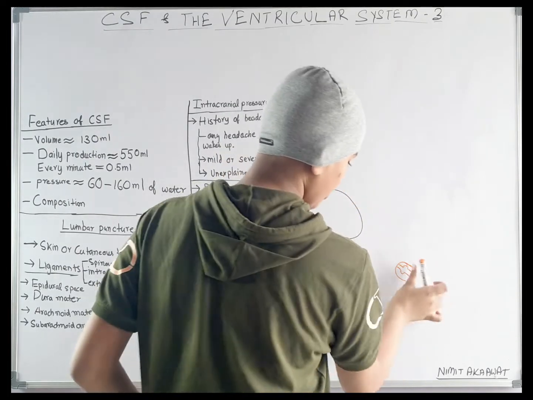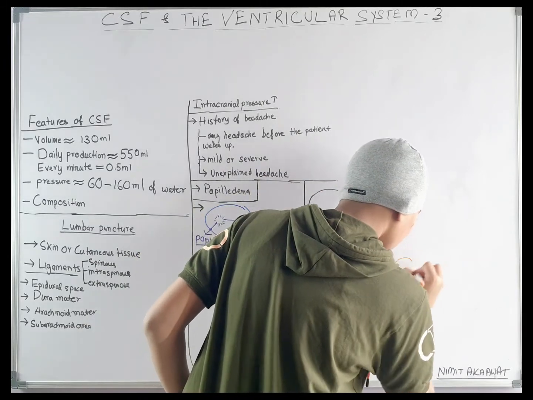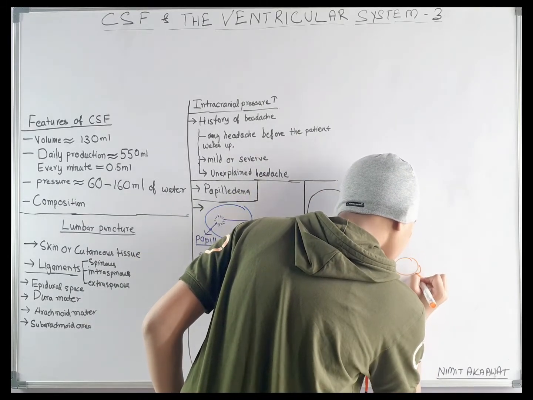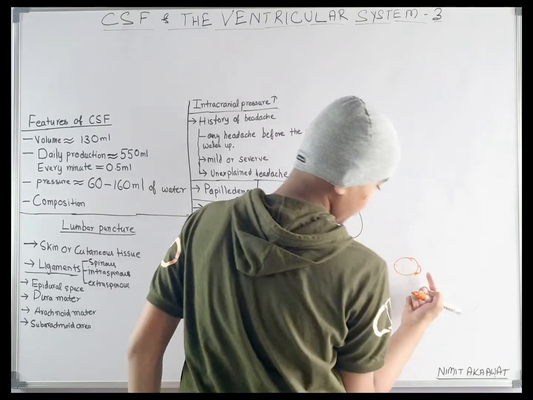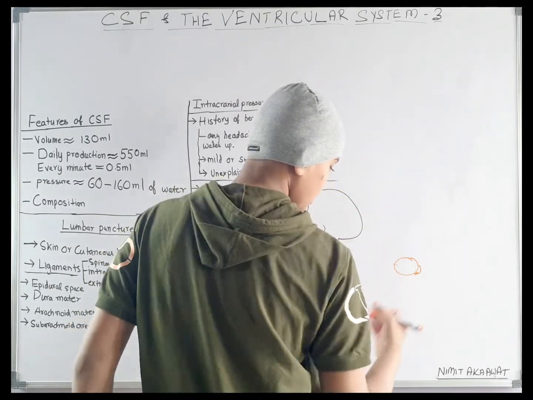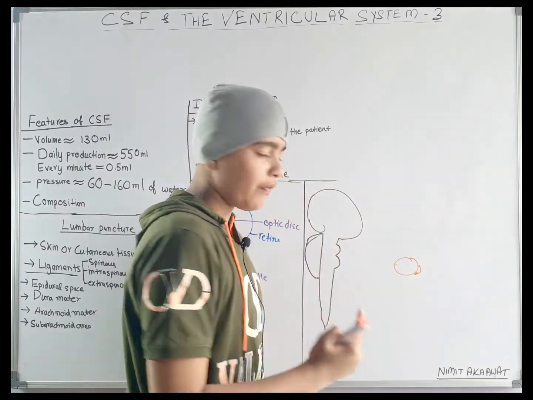This is the structure of one eyeball. At the front end, here is the pupil, and this is a side view of our eye.